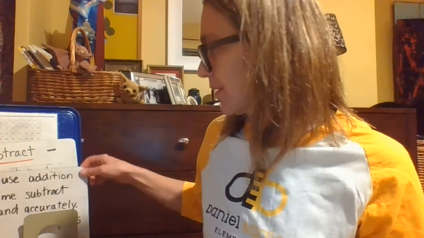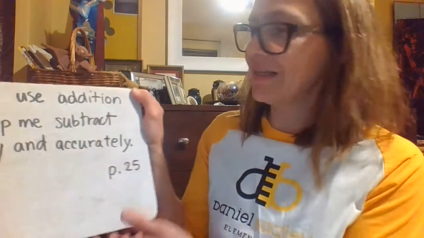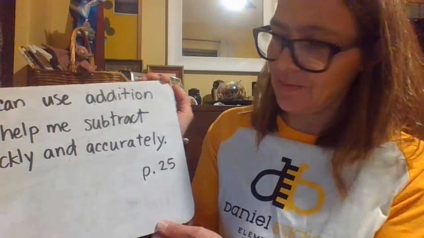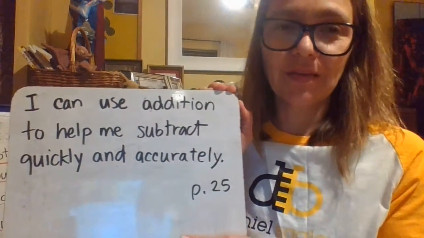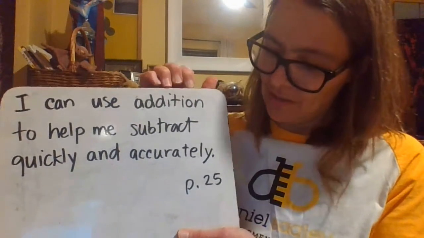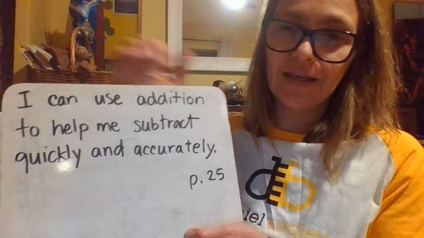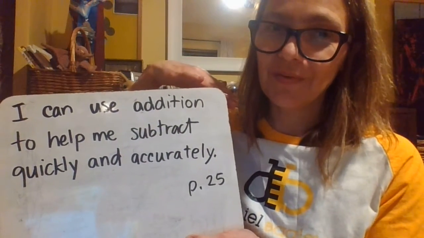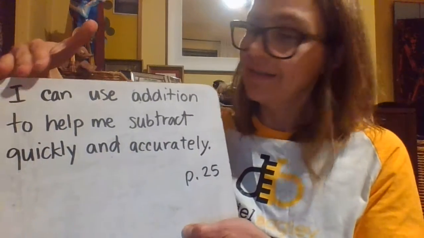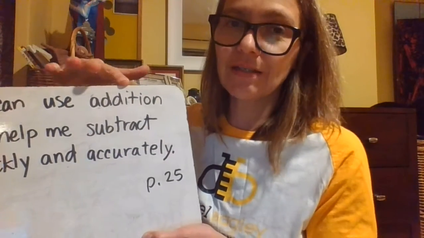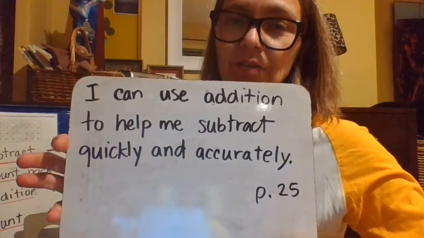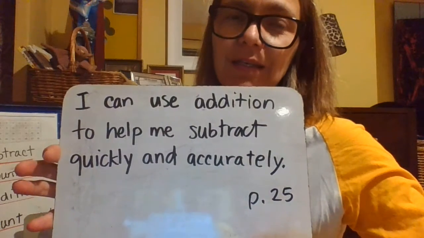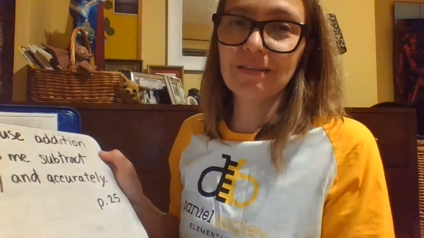And today we are going to be using addition to help us subtract quickly and accurately. The I can statement is written in your book on page 25, and I have written it out here for you, and we're going to read it together. Okay, I can use addition to help me subtract quickly and accurately.